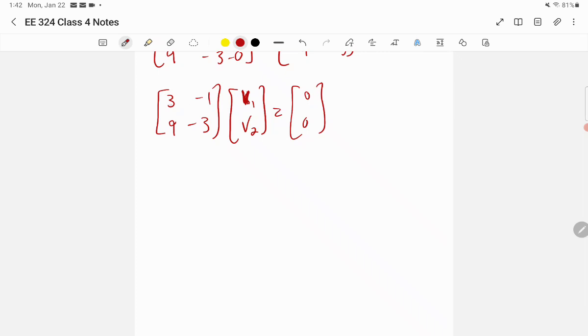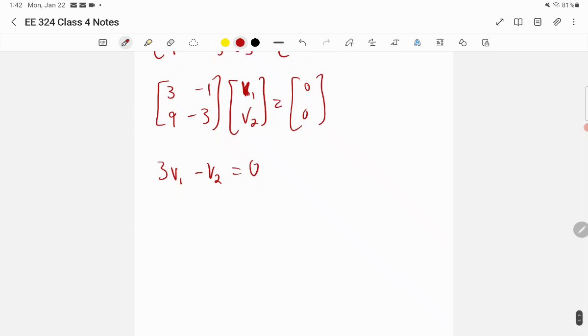This tells us that we have 3 times v1 minus v2 equal to 0. And we also have 9 times v1 minus 3 times v2 is equal to 0. And notice that these are multiples of each other.